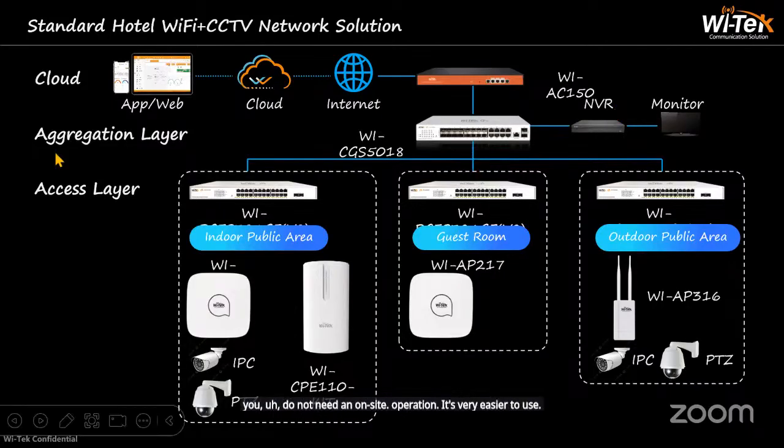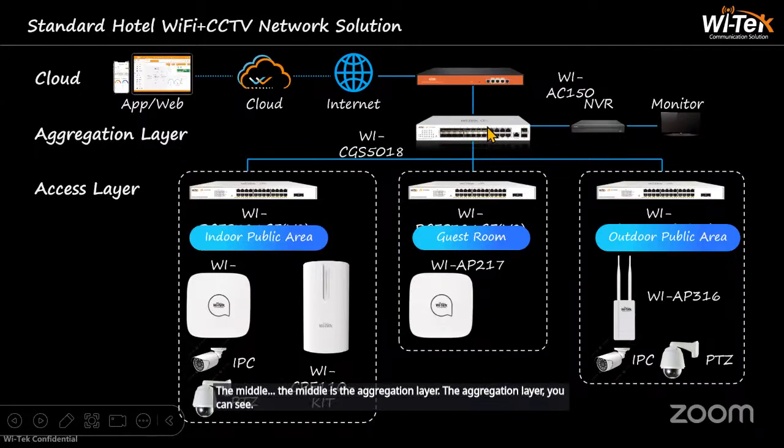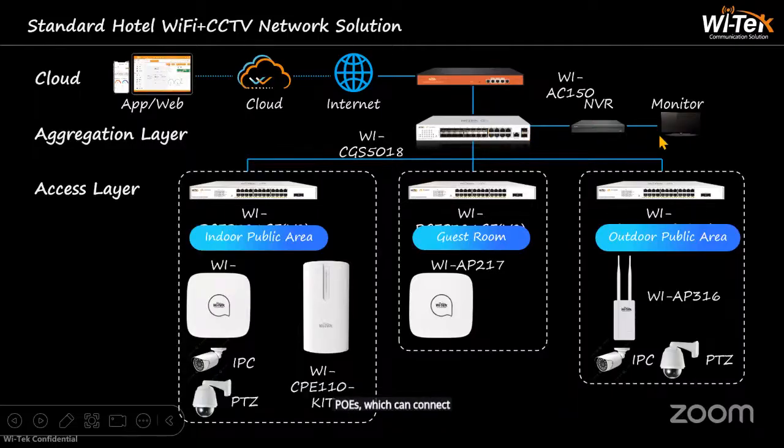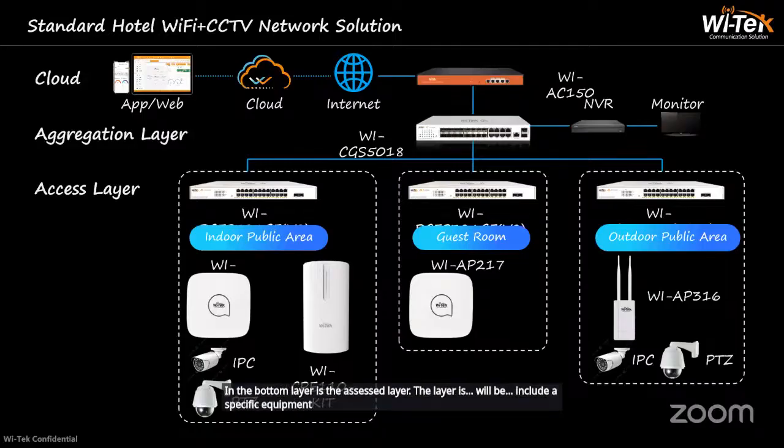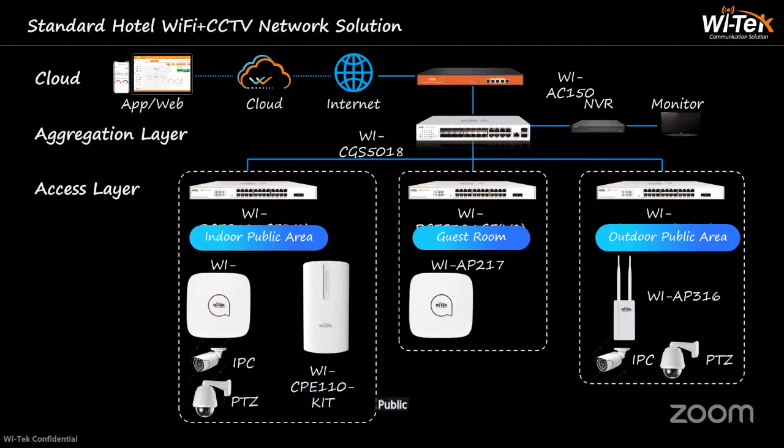The middle is the aggregation layer. In the aggregation layer, you can see the Wi-Tek core PoE switch can connect the NVR and the monitor. The bottom layer is the access layer. This layer includes specific equipment for the different areas, such as indoor, public areas, guest rooms, outdoor, and other places.